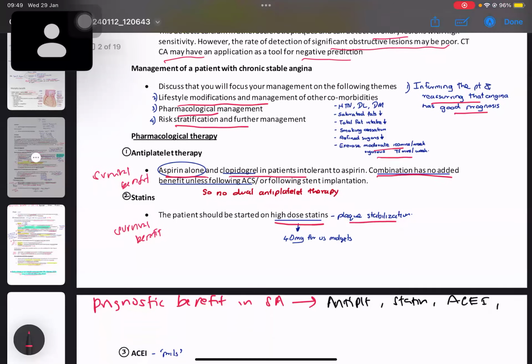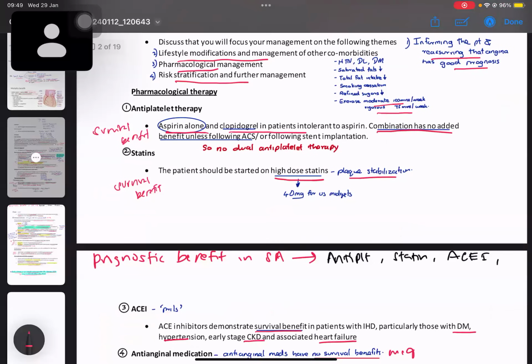Okay. For pharmacological management, you can tell the class of the drug and the example. Because usually if you tell the class of the drug, the next question will definitely be what's the drug. So it's better if you tell the class of the drug along with the common drug used in the Sri Lankan setup.